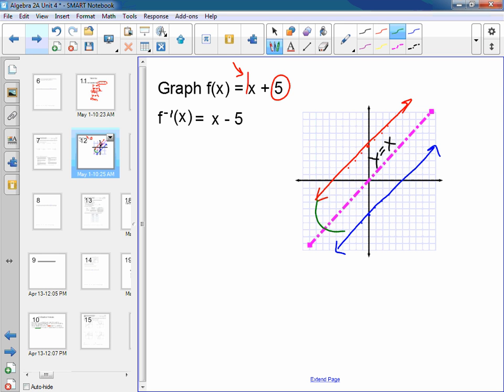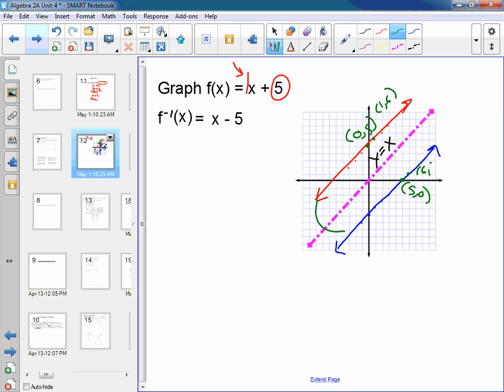Another thing that is going to come up in a minute, every point, as we said in the last lesson: this is the point 0, 5. Notice then the reverse of that, the point 5, 0, is right here. The point 5, 0 is on the inverse. Notice this is the point 1, 6 right here. On the inverse is the point 6, 1.